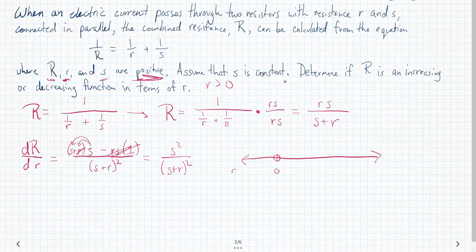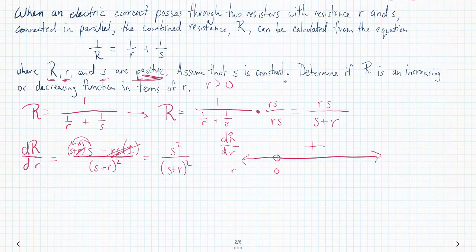Okay? So what happens? Well, as this is our equation, this dR over dr, d capital R over d little r, we can plug in any value, no matter what it is, and we're going to get a positive number every single time.